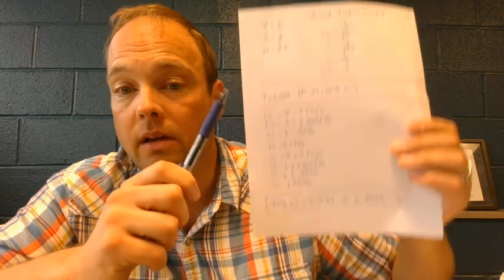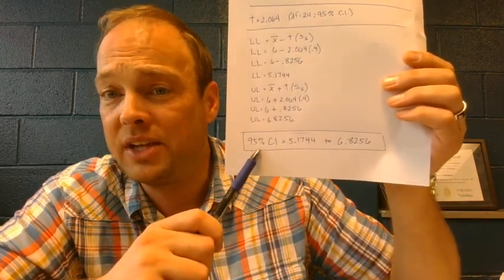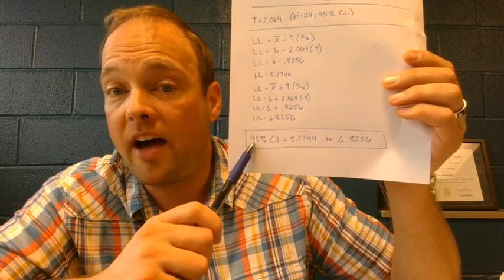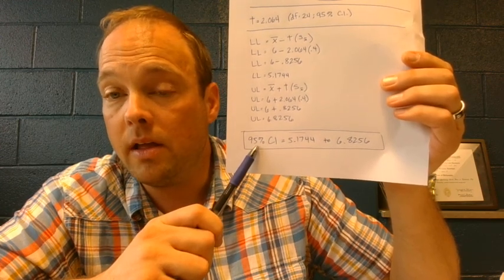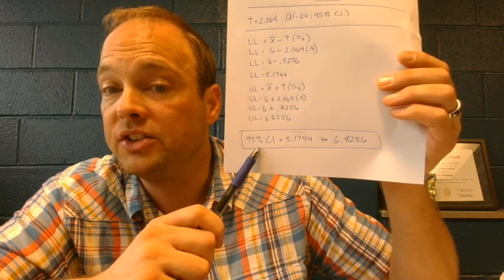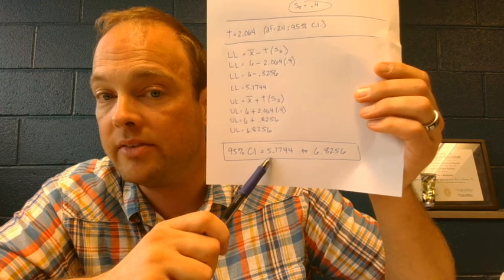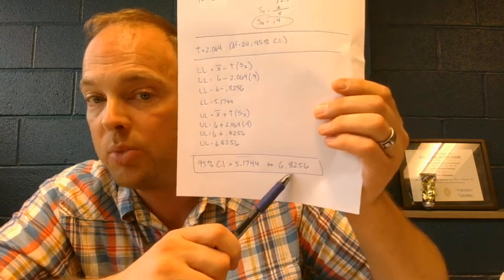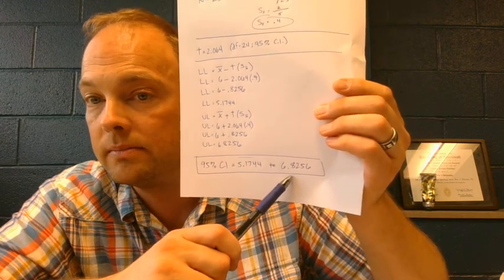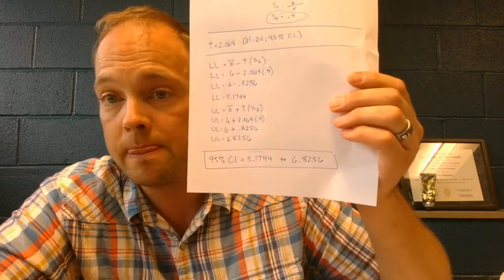But we can be 95%, that's pretty good, 95% certain that the true population mean falls somewhere between 5.1744 and 6.8256. That's the end. That's the story.